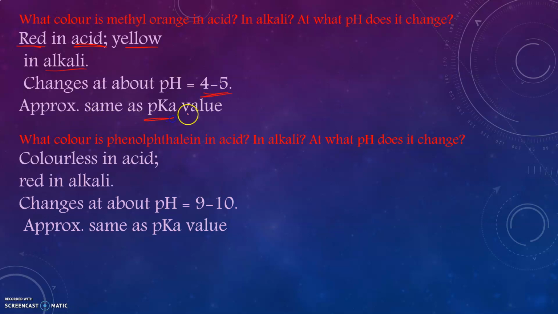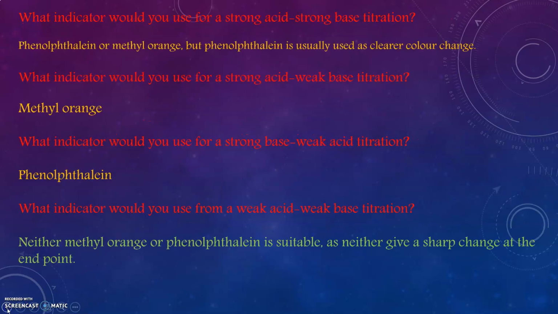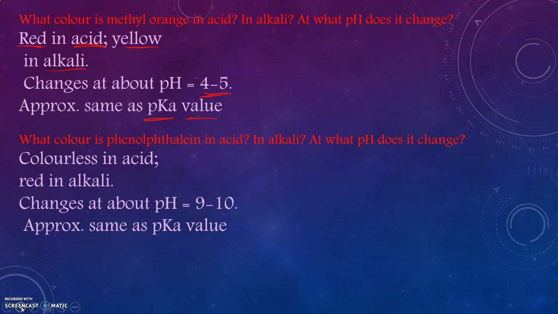Approximately the same as its pKa value. Remember the pKa? The pKa is minus log of Ka. That's why methyl orange is used when you're using, let's check here, when you're using strong acid and weak base. So methyl orange is a suitable indicator for strong acid and weak base.